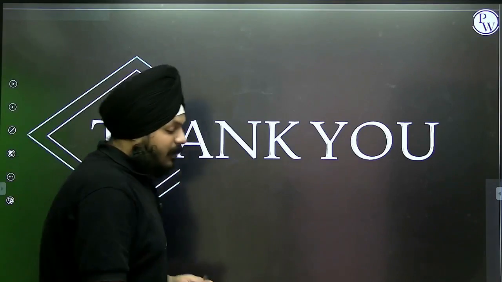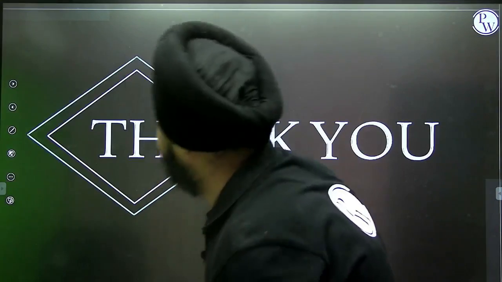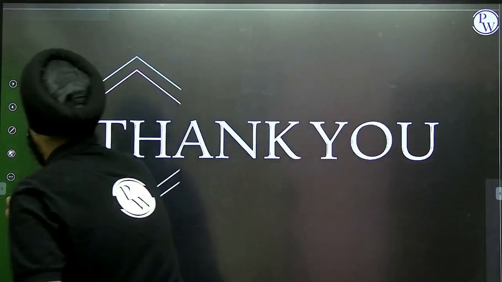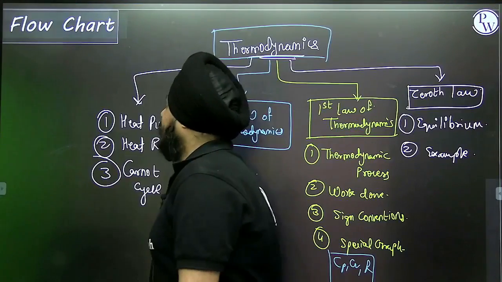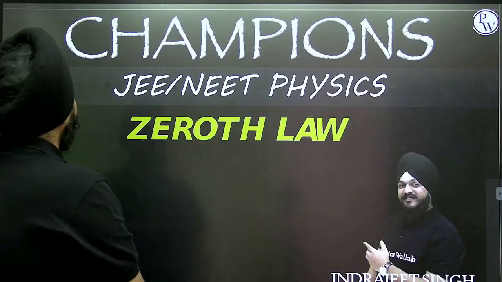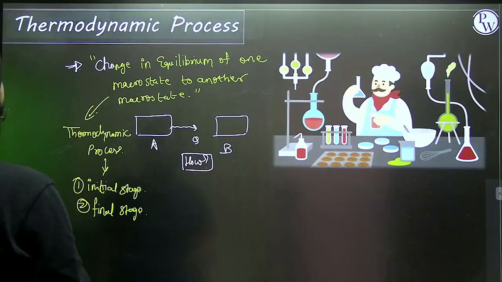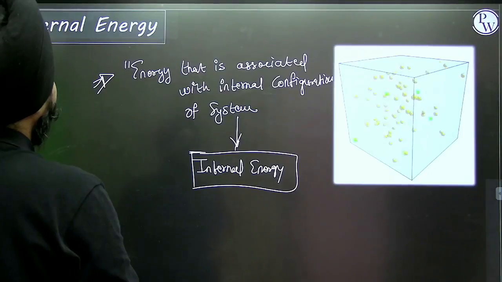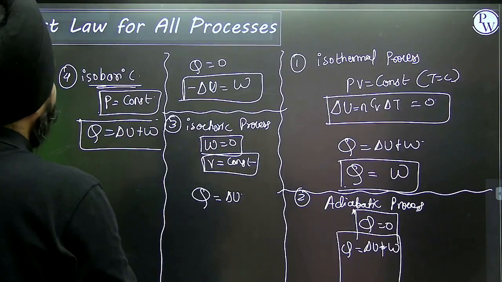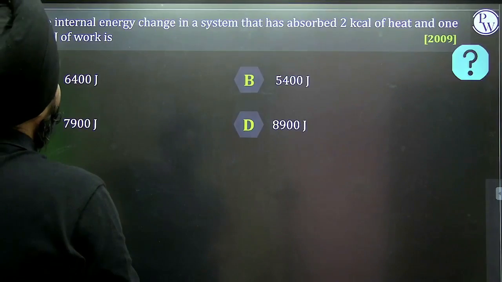So guys, thermodynamics. Let's see what we have seen from the beginning. Just have a glimpse of it, so that it is easy to understand. In thermodynamics, we moved on to the flow chart, the Zeroth Law of Thermodynamics, equilibrium, types of equilibrium, thermodynamic processes, all the processes and the respective work done. After that, the polytropic process, its graph, internal energy, the first law of thermodynamics, all of the shortcuts, graph shortcuts and everything we saw.